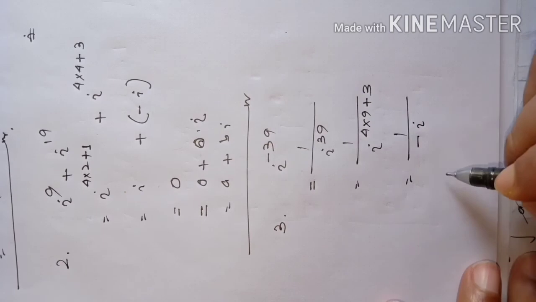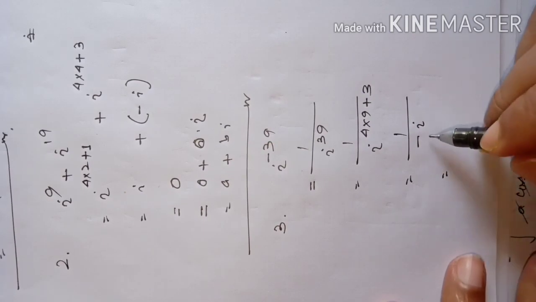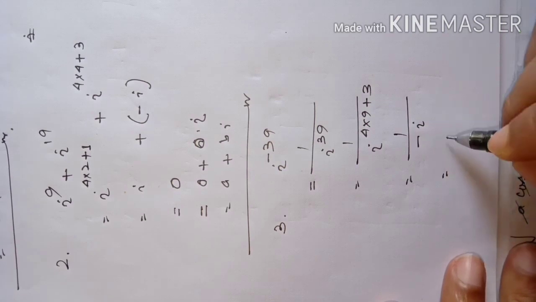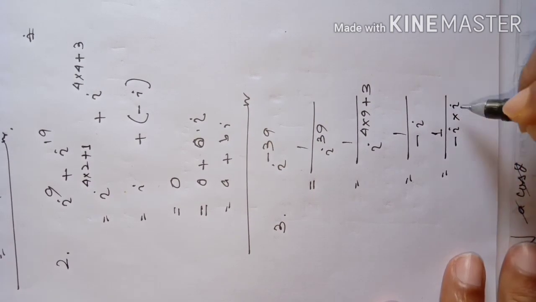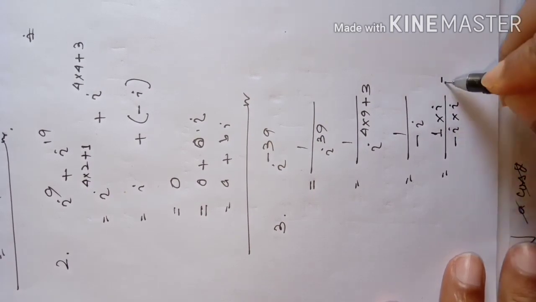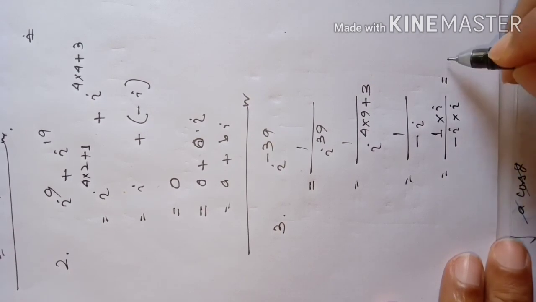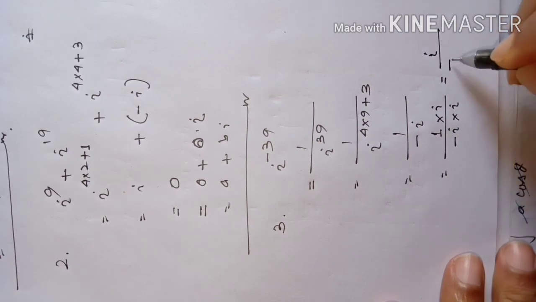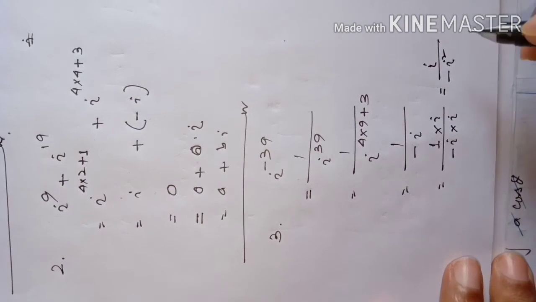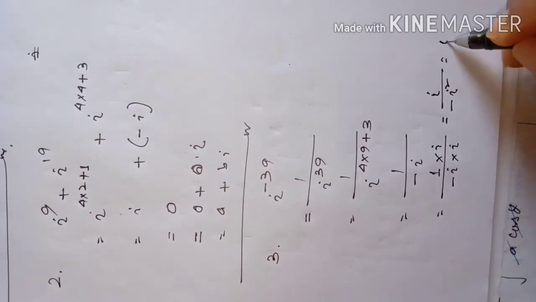To make it positive, we can multiply by iota here and here also. Then it will be iota by minus iota square, which is minus 1, again minus, that is plus iota.